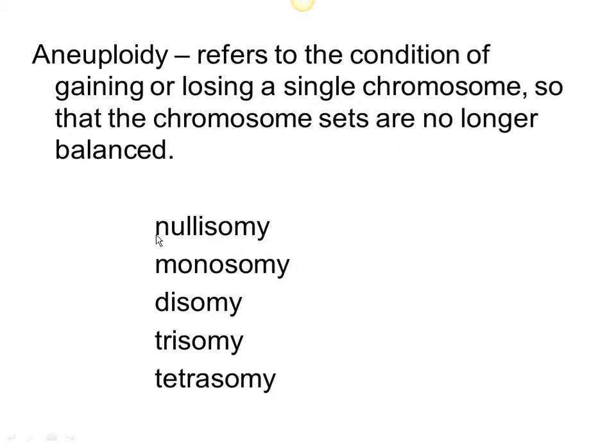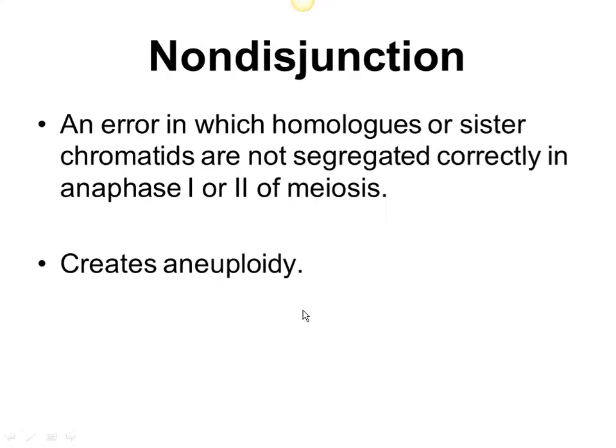So in these cases, you would use the term nullisomy, meaning no copies of a chromosome of a certain type. Monosomy, only one copy. Disomy, 2 copies. Trisomy, 3 copies. And tetrasomy, 4 copies. Usually we don't go beyond that, because we don't commonly see anything other than these.